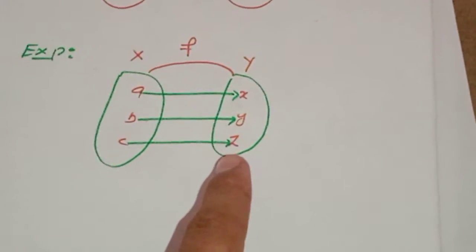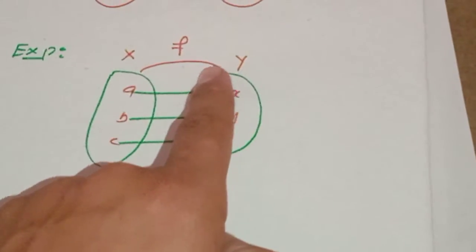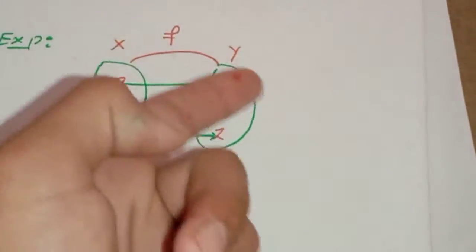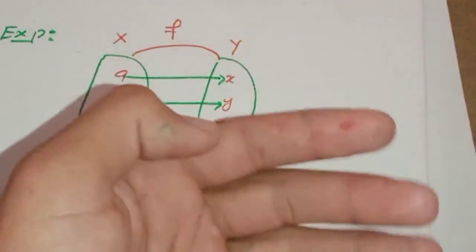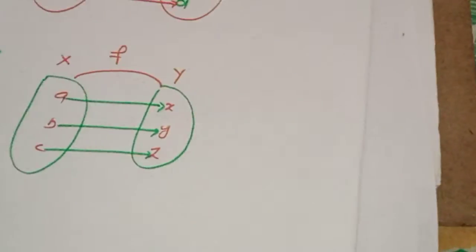It is a one-one function and also an onto function because the range, set Y, is completely used. So we can say that it is a bijective function.